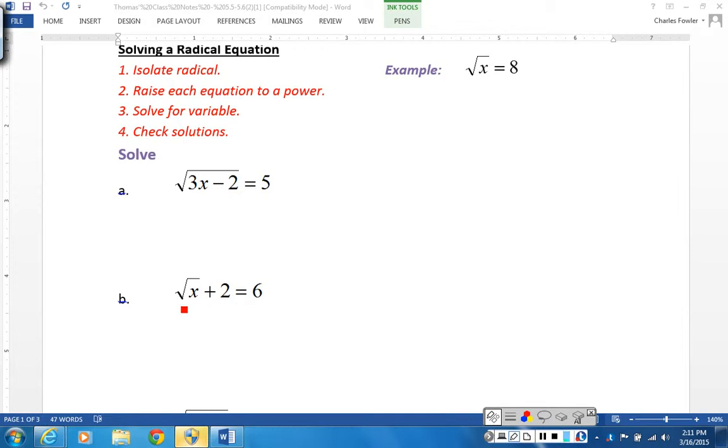Get this by itself. We will subtract 2 from both sides. That way you have just the square root of x on one side equals 4. Now you could probably solve this already in your head, but again, we're going to raise each side of the equation to a power.